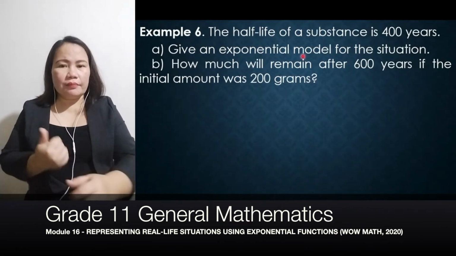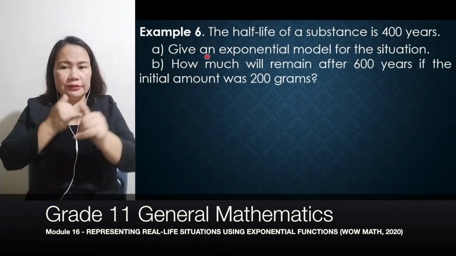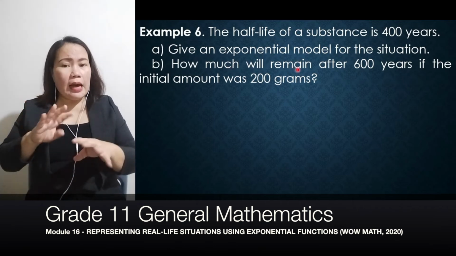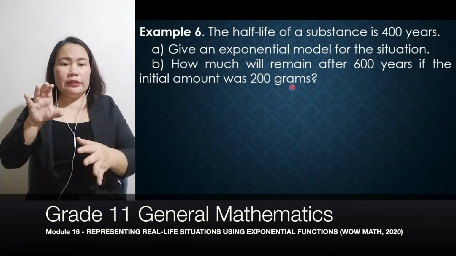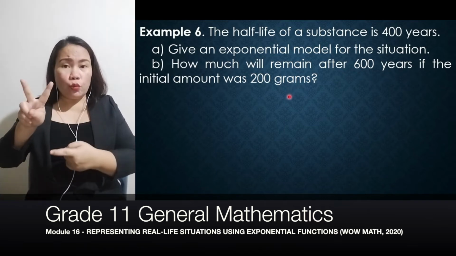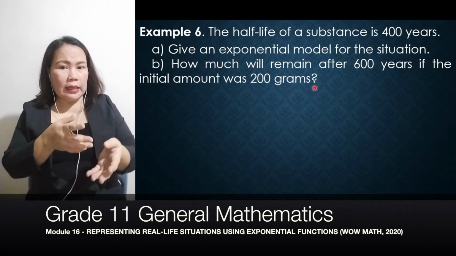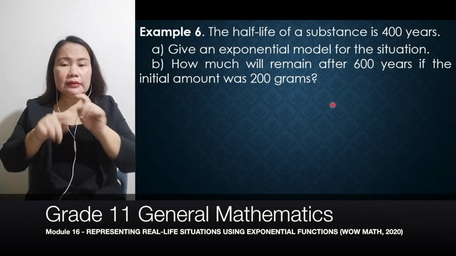So another example, the half-life of a substance is 400 years. Give an exponential model for the situation. How much will remain after 600 years if the initial amount was 200 grams? So ano yung initial amount natin dito? 200 grams. And then, what is the unit of time? 400 years. So 400 years yung unit of time natin dyan.